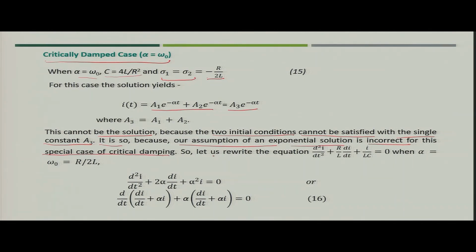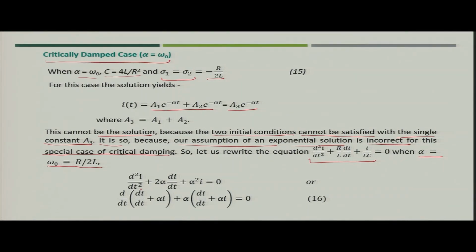So, now let us rewrite the equation, that is d2I by dt2 plus R by L di by dt plus I by LC equal to 0, where alpha is equal to omega naught is equal to R by 2L.